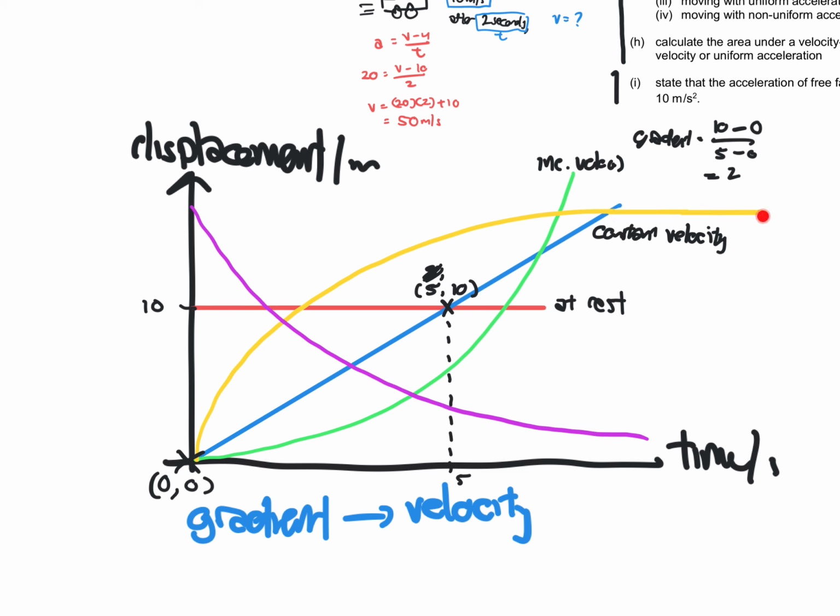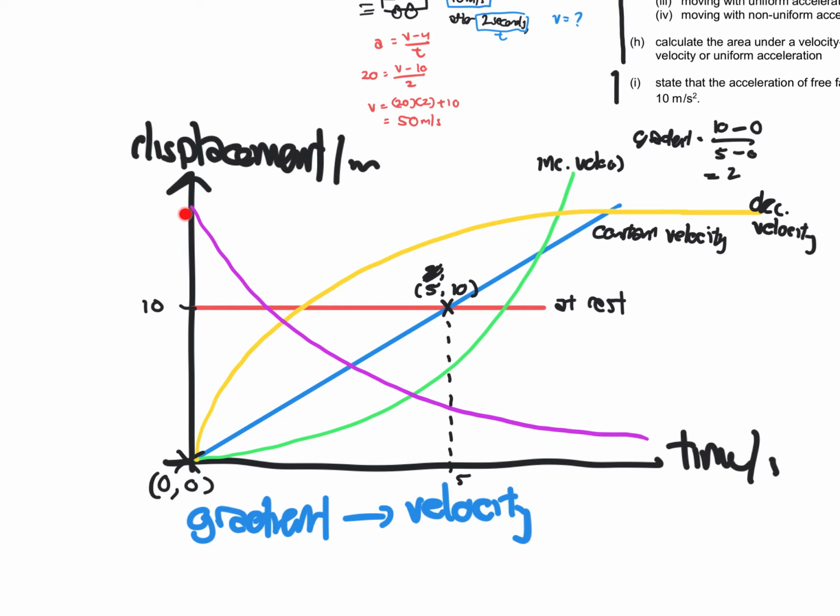This is zero velocity, right? Because from this time to this time, my displacement didn't change. So the yellow one would be decreasing velocity until it gets to zero velocity, until it comes at rest.